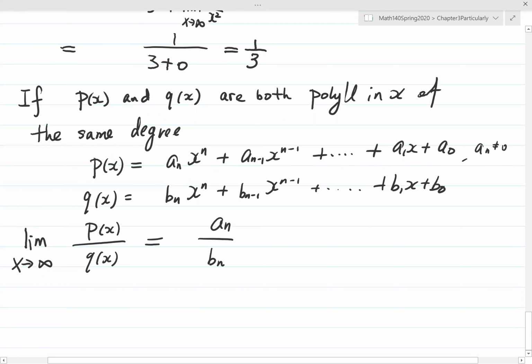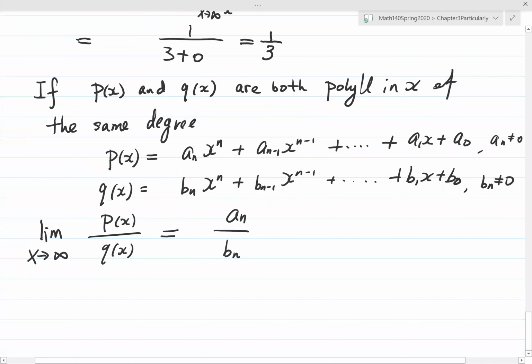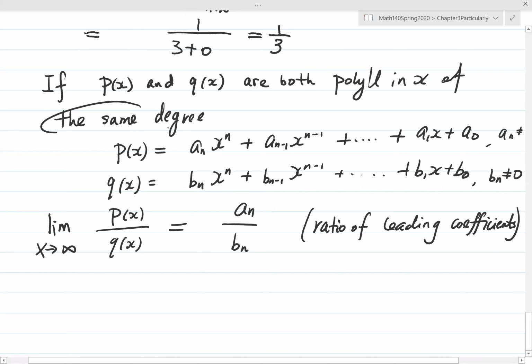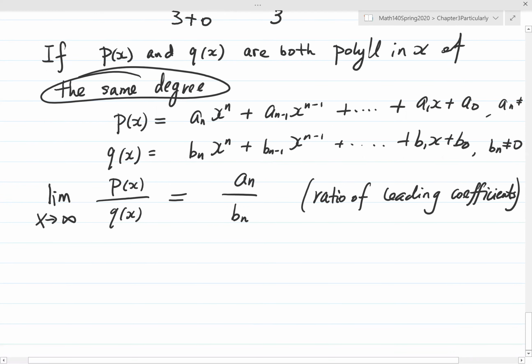These are the leading coefficients. This is only true if they have the same degree, so we can find the ratio of the leading coefficients.